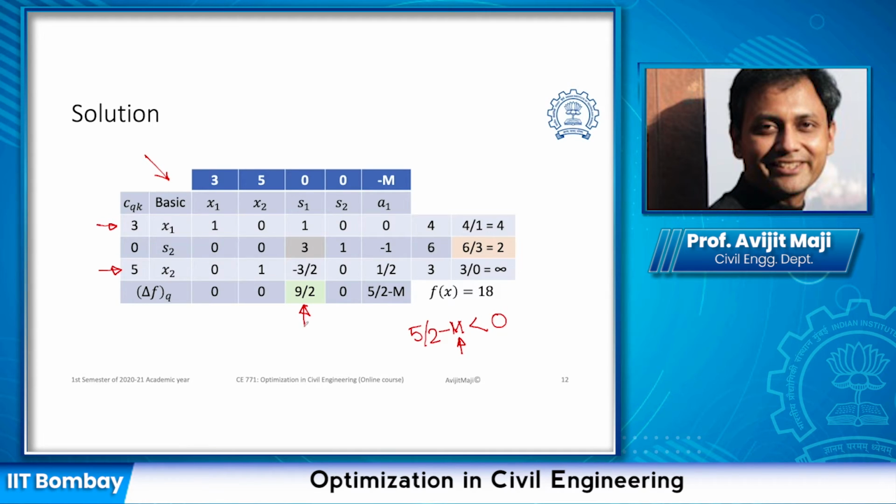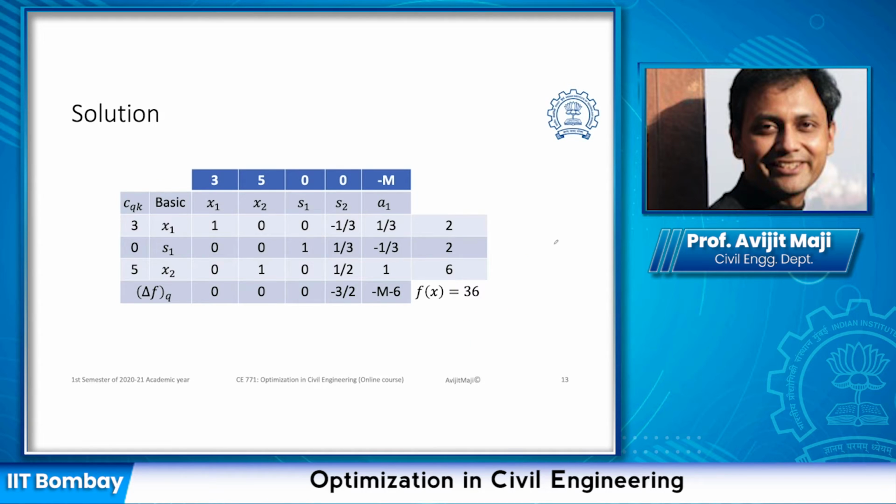So we are going to bring S1 into the system, and we need to find out the current basic variable which is going to be replaced. For that purpose, again, once we do the ratio, we find out that S2 is going to be replaced. Once we do this swap, we obtain the tableau as shown here.